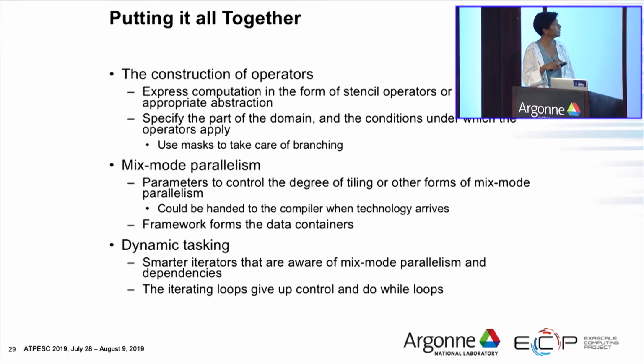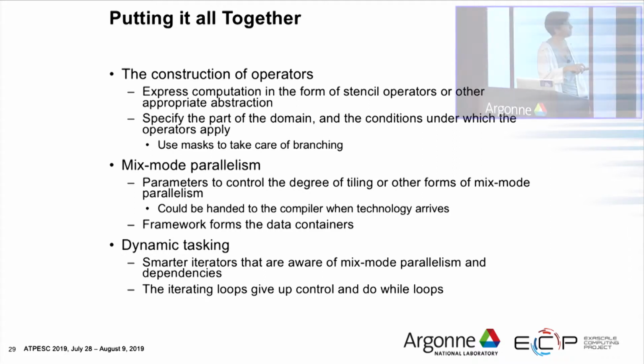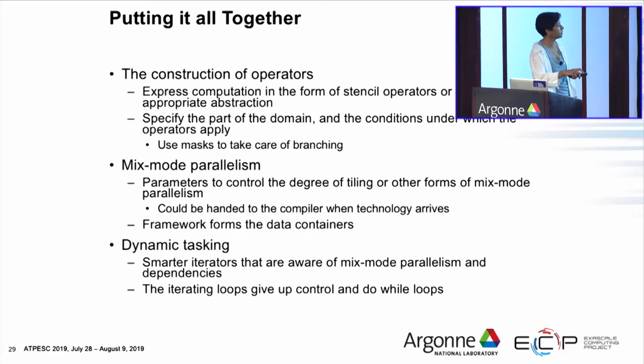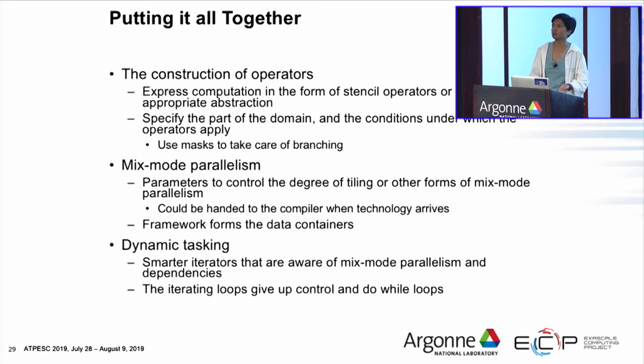We have mixed mode parallelism, but the important thing is that there are smart iterators that are aware of mixed mode parallelism and dependencies, and these dependencies we can encode in any form of meta information that can be read by the scheduler, and then basically this happens by that the iterating loops give up control, and instead of explicitly saying go one block after another, they just say give me a block and I'll do it. So it's a very small difference, but it enables the schedulers to be able to work with the existing framework instead of having to transform large chunks of code completely.